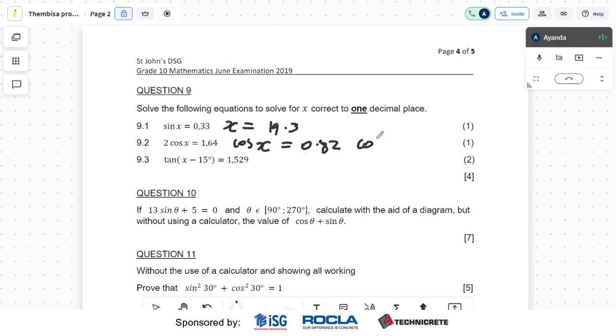And if we take shift cos of 0.82, that gives us x is equal to 34.9.